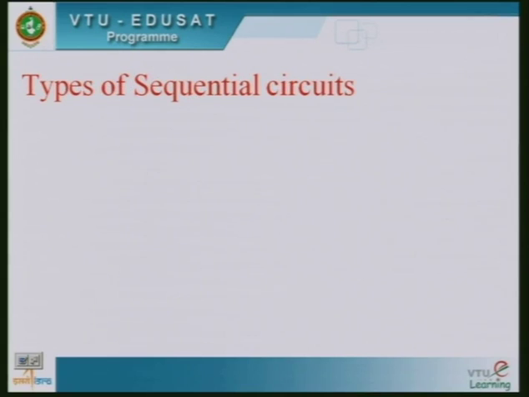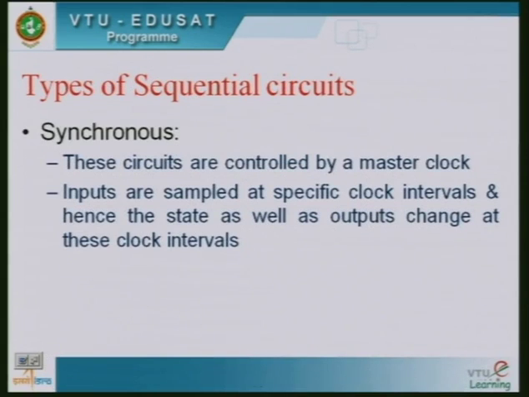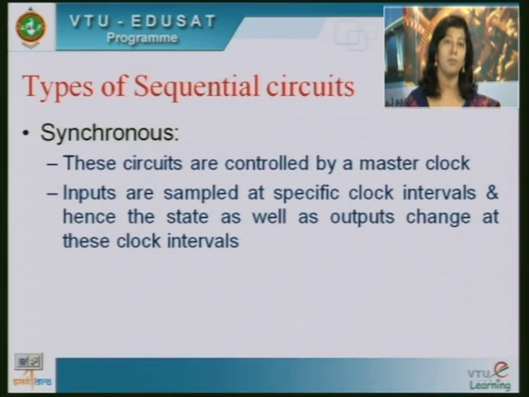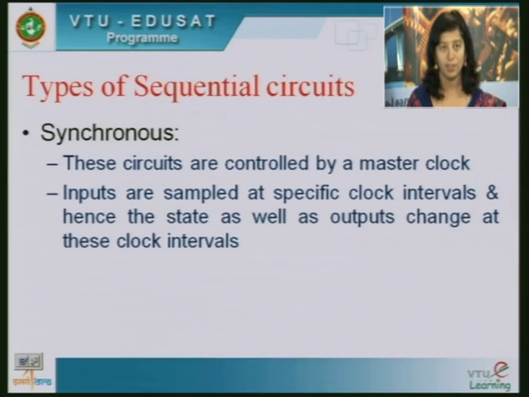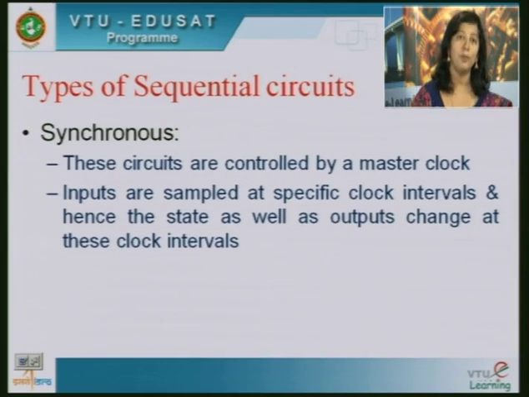There are two types of sequential logic circuits. The first set we call synchronous sequential logic circuits. Synchronous sequential logic circuits are those which are controlled by one master clock. There is one particular master clock which has control on the complete operation of the circuit. That means all inputs are sampled at a particular edge of the clock signal.